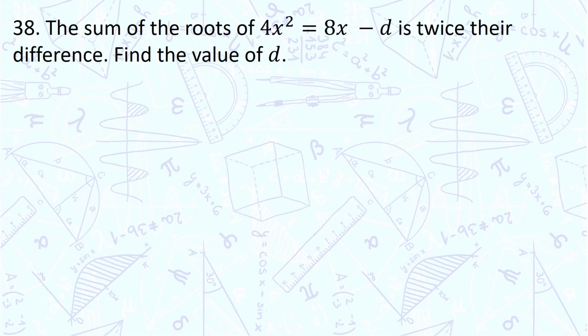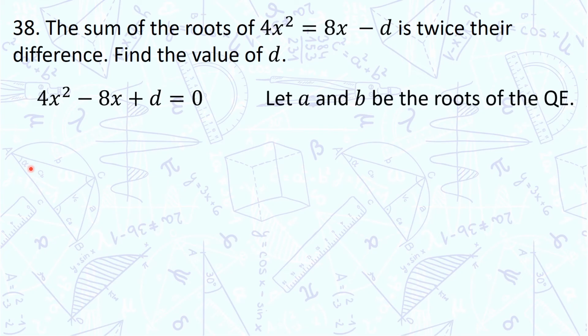38. The sum of the roots of 4x squared equals 8x minus d is twice their difference. Find the value of d. Let us write the quadratic equation in its general form. So we have 4x squared minus 8x plus d equals 0. Let a and b be the roots of the quadratic equation.